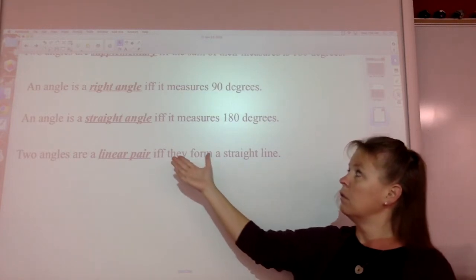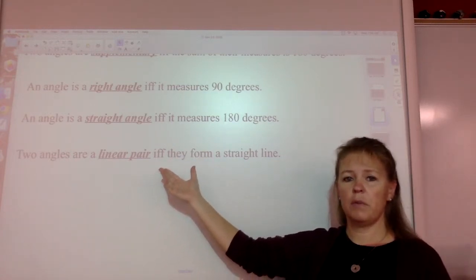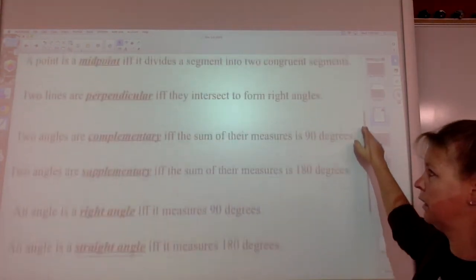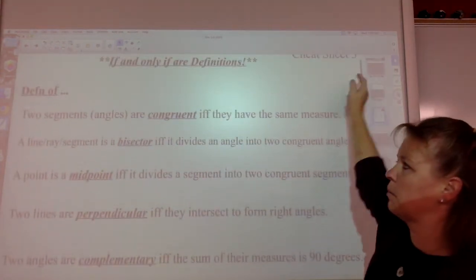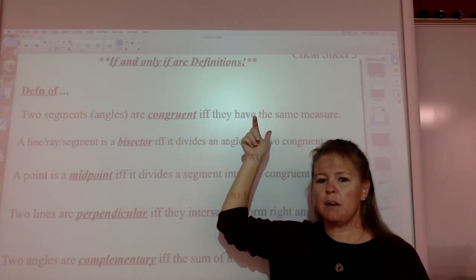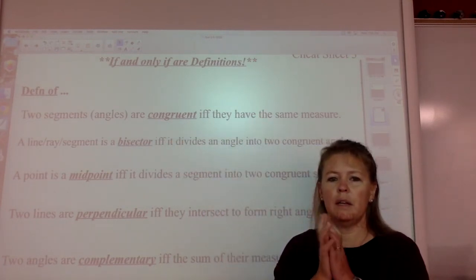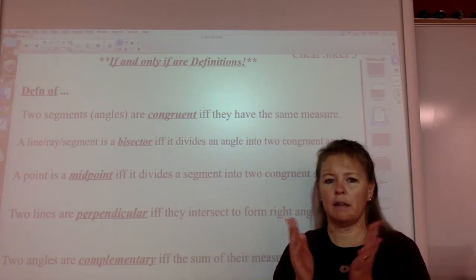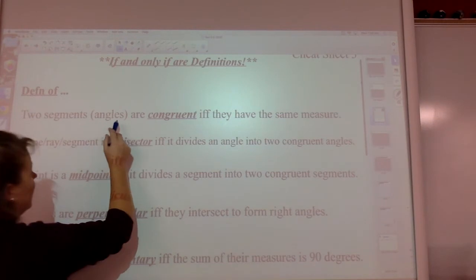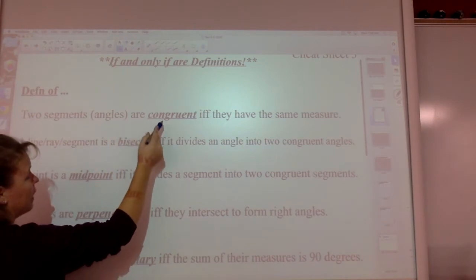So all vocabulary that you've seen and used before in Chapter 1 and Chapter 3, just now we're going to use it formally in definitions. They're all pretty self-explanatory. The first one you have to be very careful of because congruent and same measure are so closely related that you might think, I already said that. It does say congruent. But notice how it says two angles are congruent.